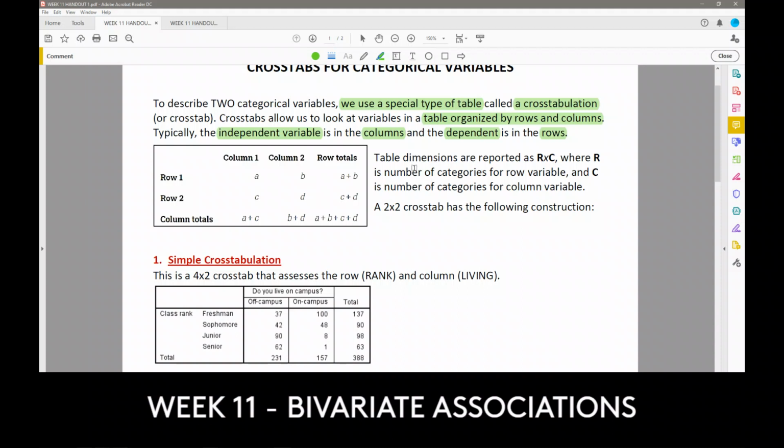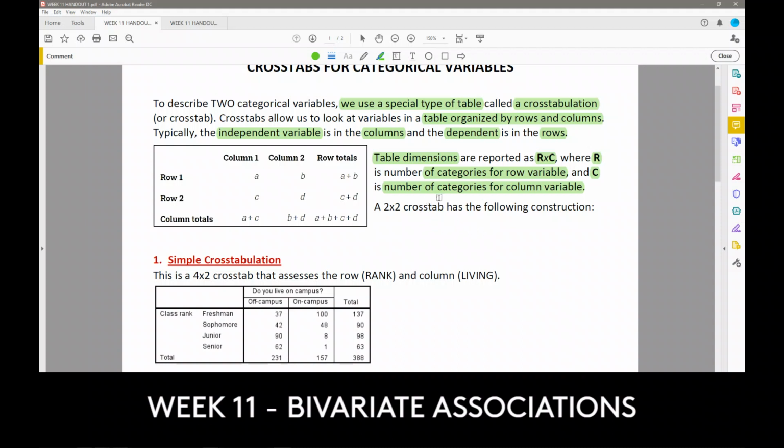So different cross tabulations will produce tables of different dimensions. The table dimensions are calculated using R times C, where R is the number of categories in the row variable, and C is the number of categories for the column variable. Now remember, we're talking about categorical variables, so these are variables that have two or more categories within their response categories.